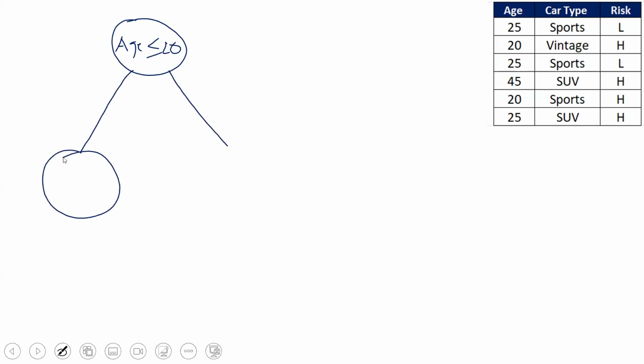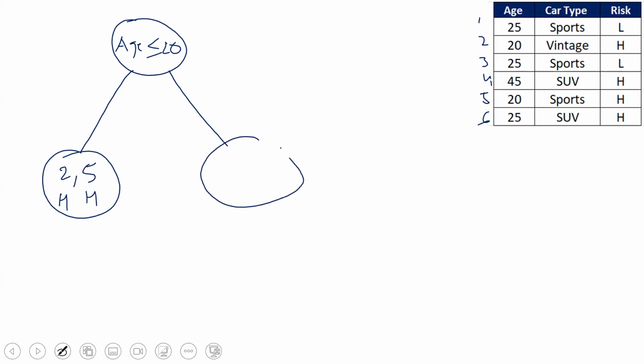The first node says what are the values that fall here? Again, 1, 2, 3, 4, 5, 6. The nodes that fall here are class high and class low. So the nodes are 2 and 5. The class of this is high, and the class of this is high, 2 and 5.